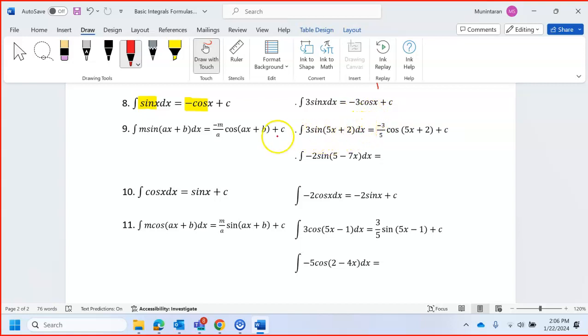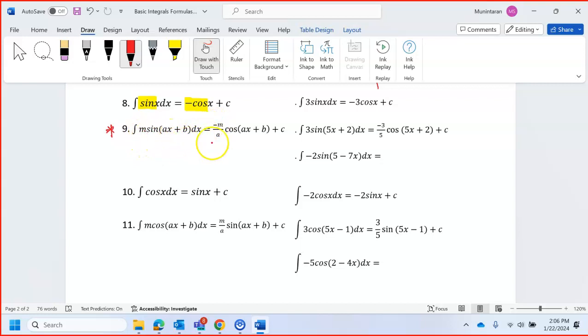Okay. The most important formula under the trigo would be number 9. More comprehensive, again the same thing, m, ax plus b. Okay, the same format. It's just that now we have sine as our function. Negative, why negative? Because we are integrating sine.